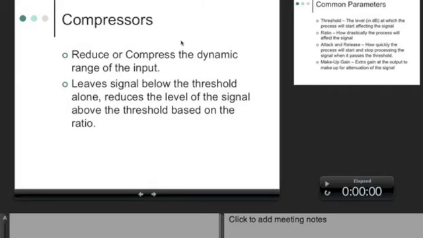So let's just look at it in the time domain for one second. You've got an envelope of a snare drum being hit or a piano being hit, where you've got an attack, a decay, a sustain, and then a release.